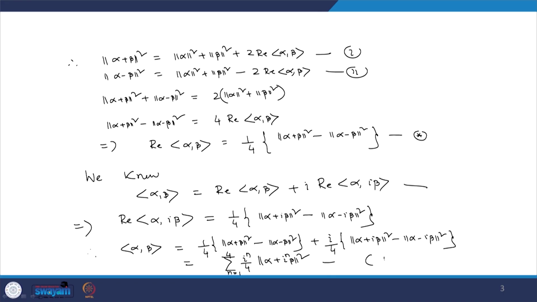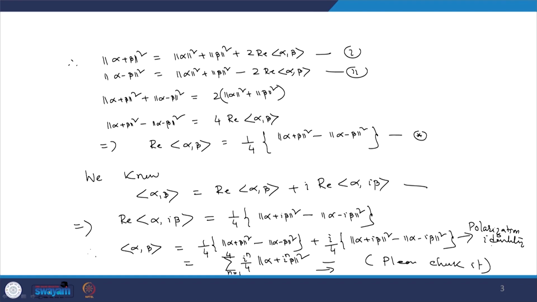Please check it. Okay, and this is called the polarization identity. Polarization identity, please. Okay, so we have seen the relation between the inner product and the norm, or quadratic form also.